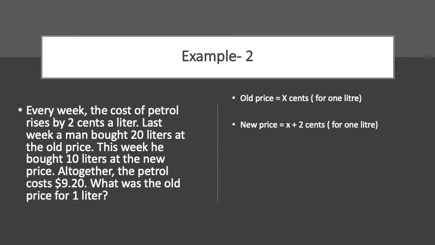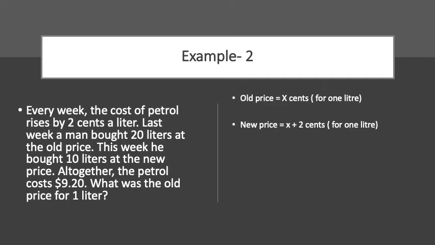Let's continue. Altogether, we know the petrol costs $9.20. What was the old price for 1 litre? This means when we add the amount we bought, 20 litres and 10 litres of petrol at both the old and new price respectively, the amount would be $9.20.